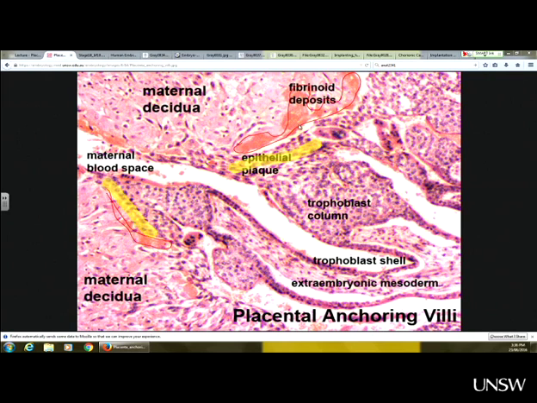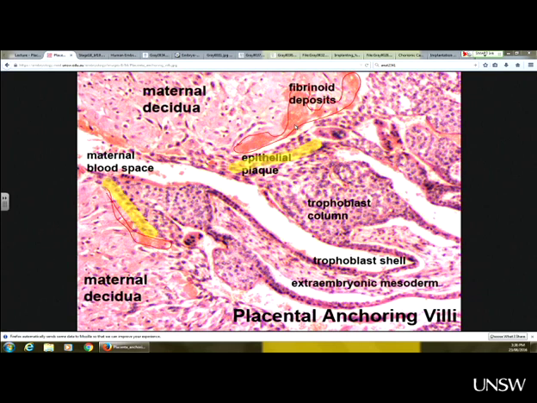It's extracellular matrix. Its function is to be dissolved by the trophoblast as a source of nutrients, but also to prevent over-implantation of the conceptus. It forms, if you like, a blocking region which the trophoblasts need to break down to implant any deeper. So it slows down the process of implantation.